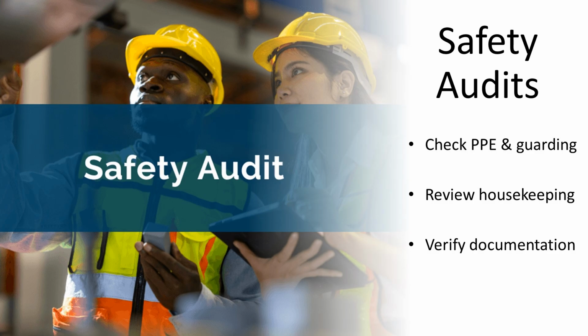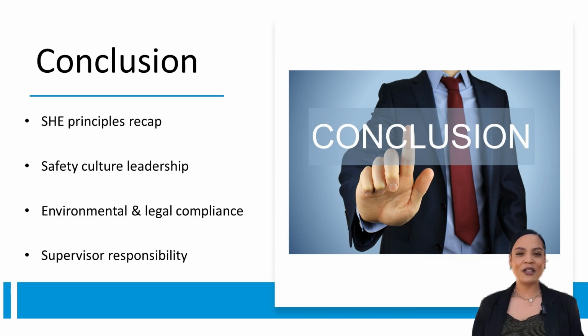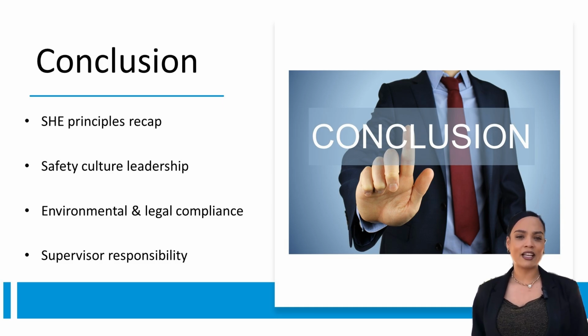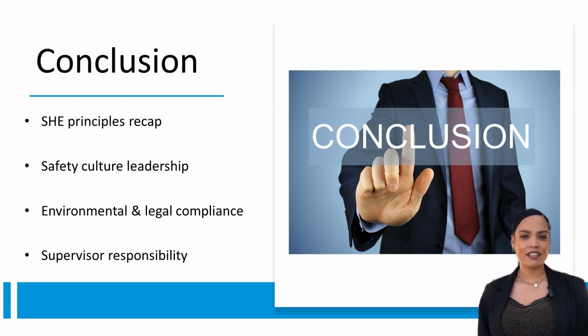With all topics complete, let's conclude. Today we covered the full scope of KTO5, occupational health, safety and environmental principles such as 1, core SHE principles, 2, safety culture and supervisor leadership, 3, environmental responsibility, 4, SHE programs, 5, emergency procedures, 6, incident reporting, 7, risk control, 8, environmental management, 9, waste and pollution control, 10, occupational hygiene, 11, OHS Act duties, 12, SOPs, 13, safety audits.